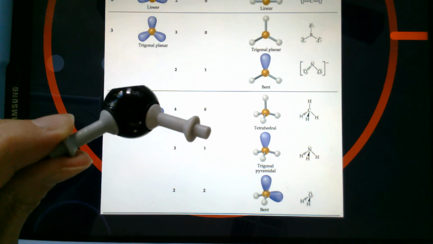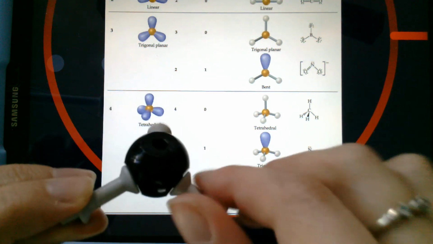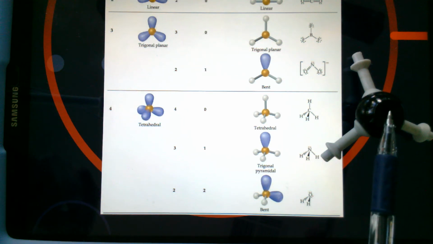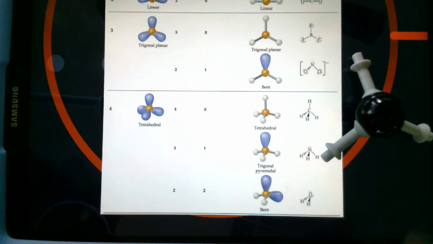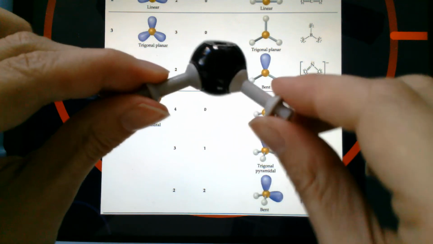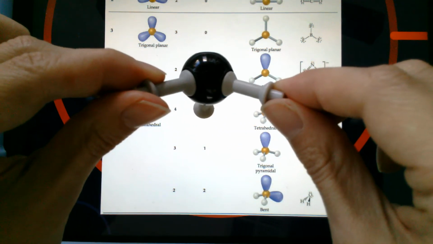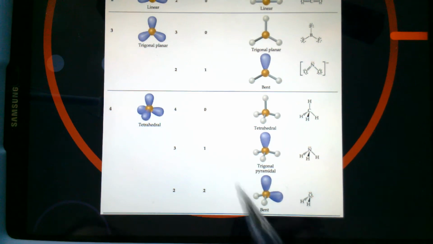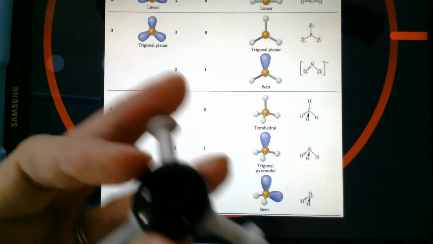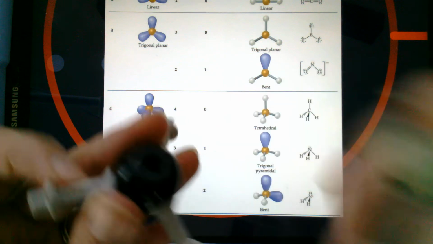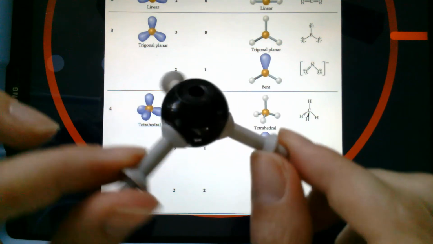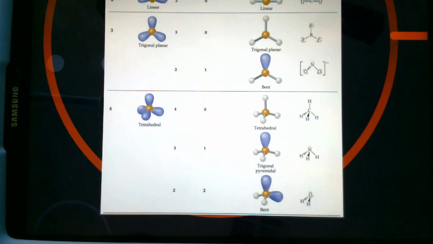This is called a trigonal pyramid. When I set it down, you can see that the top is raised from the bottom to make a pyramid, where these are not all flat and planar. So that is the trigonal pyramid, where again, 3 bonds, and we know that lone pair is up here taking up space, but when we name the molecular geometry, we remove it and just have this.